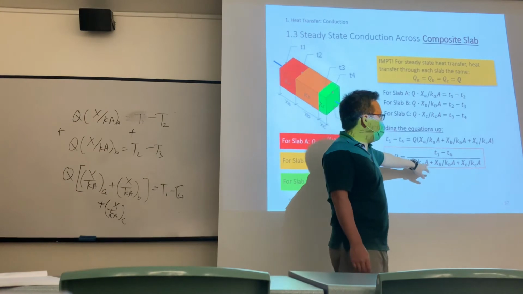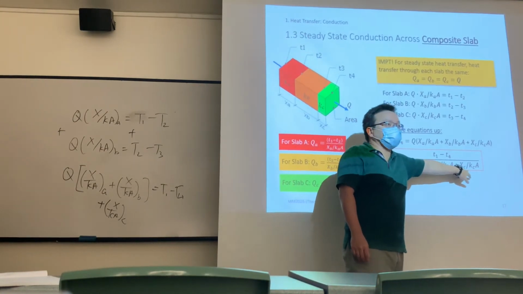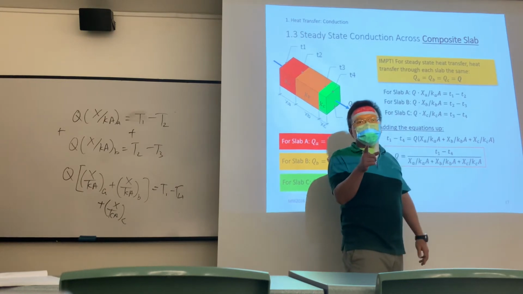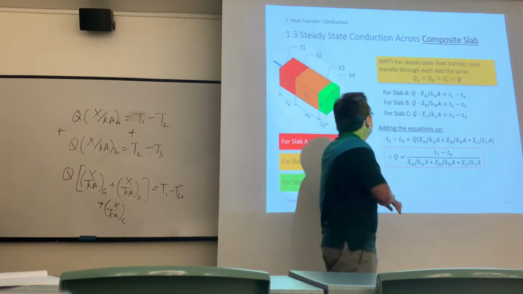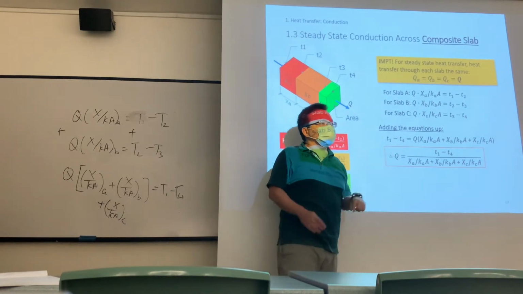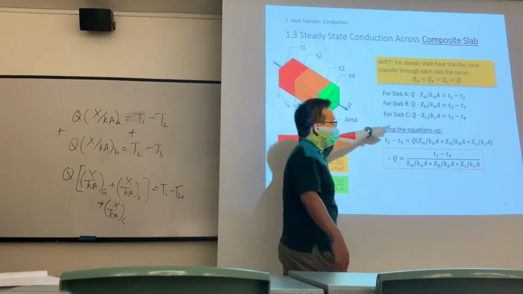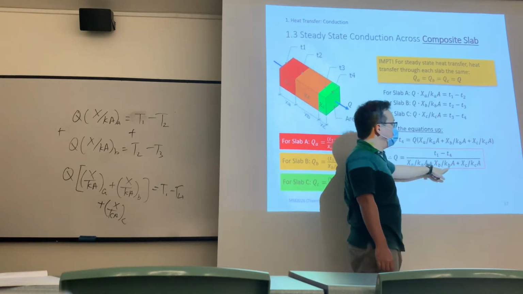XA over KA times A plus XB over KB times A. Is there C or not? No C. Clear? Try one more time. Let's say I don't want A, I only want B and C. What temperature? T2 minus T4. So here A disappears.